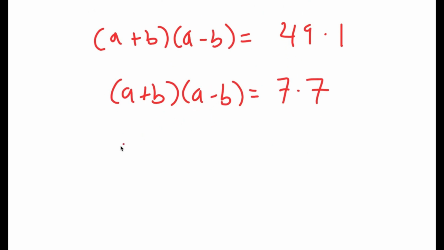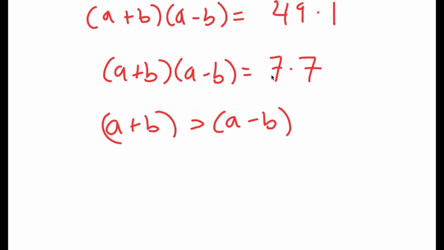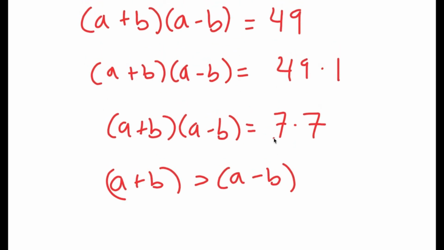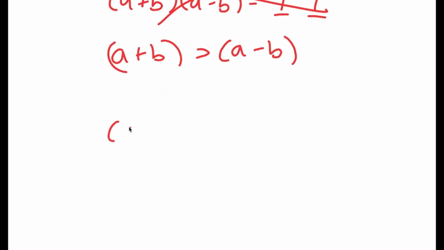Now, we obviously know that a plus b is going to be greater than a minus b. So keeping this in mind, this means that we can't rewrite a plus b times a minus b as 7 times 7, as 7 and 7 are equal. So this possibility is out of the way, and 49 times 1 is the only possibility here.